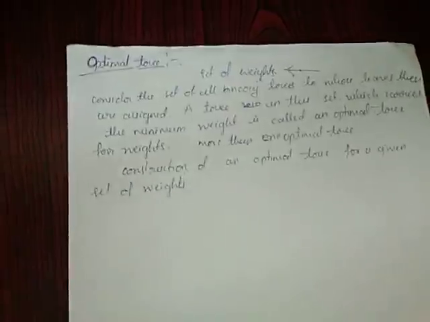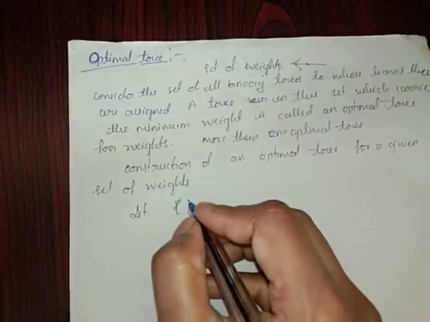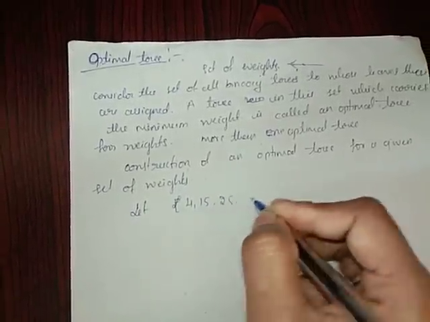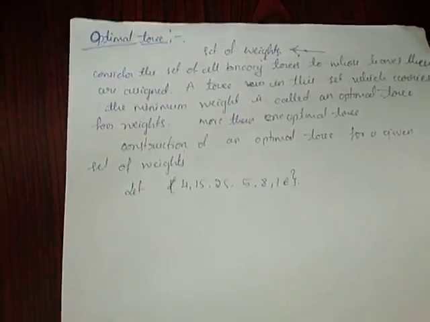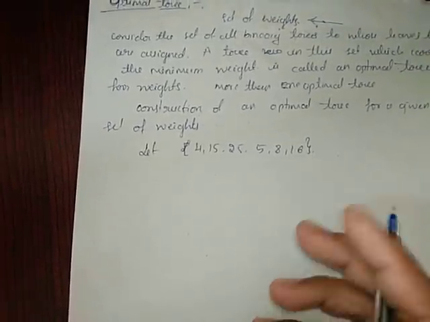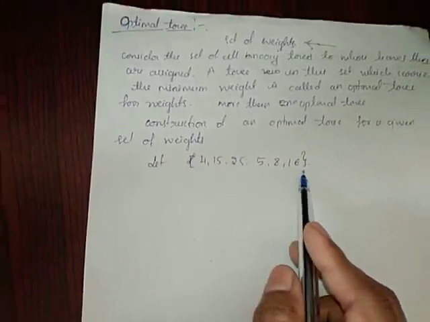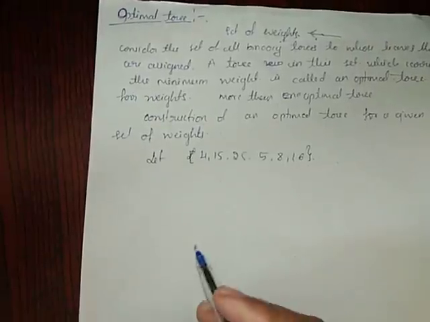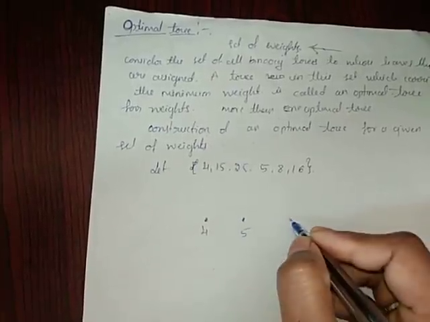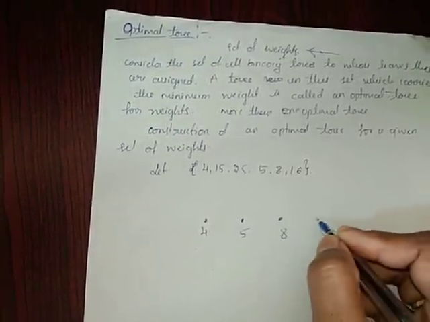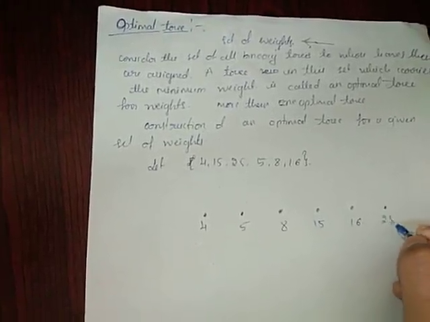Suppose we have a set of 6 weights: 4, 15, 25, 5, 8, 16. First we have to arrange these 6 weights in increasing order, so 4, 5, 8, 15, 16, 25.